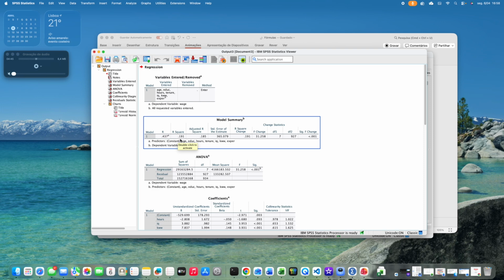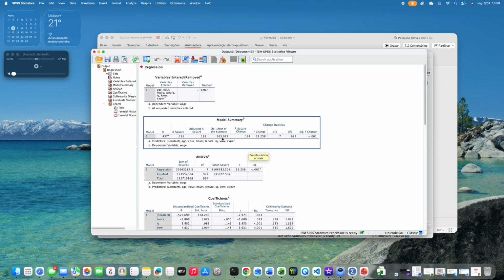So if this tells you how much variance we were able to explain, how good was our fit, this measure, the standard error of the estimate, tells us how precise our estimate is. It is in the units of the dependent variable.